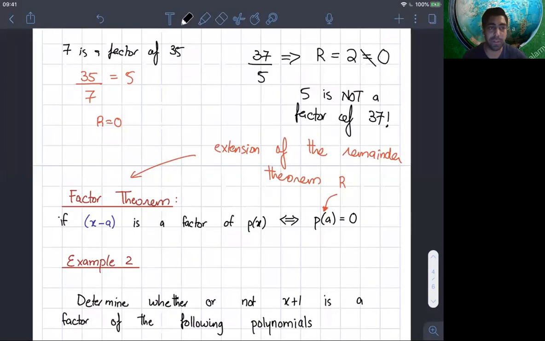So that's all the factor theorem is telling you, which is obvious, that if the remainder is 0, then that means the linear divisor is a factor of the polynomial. Otherwise, it is not.